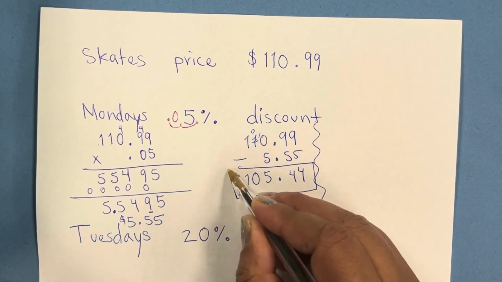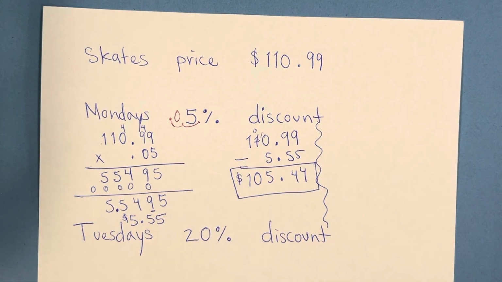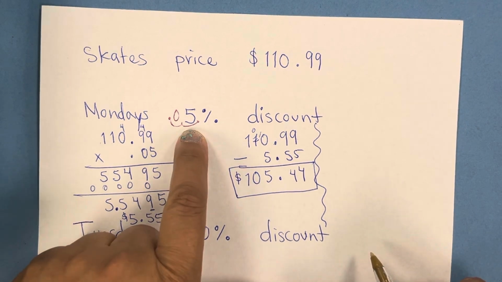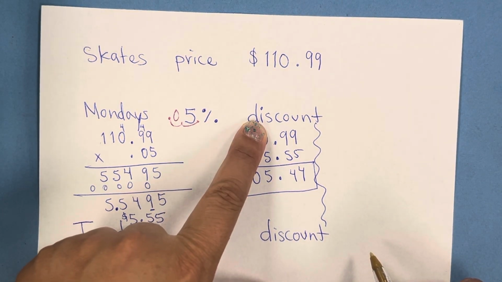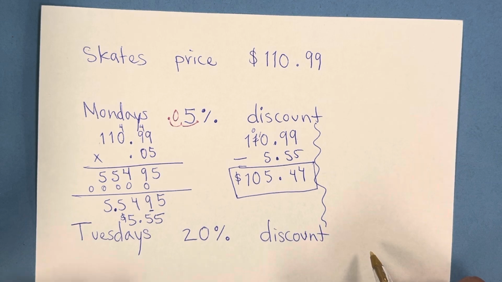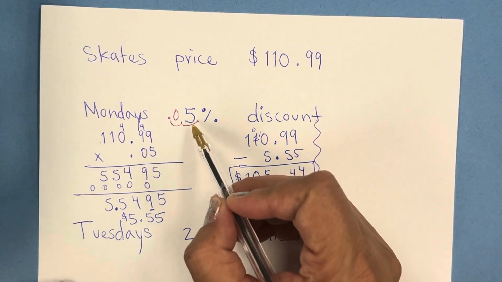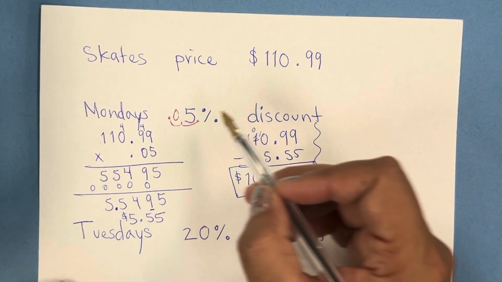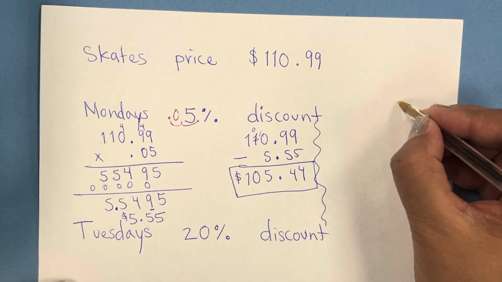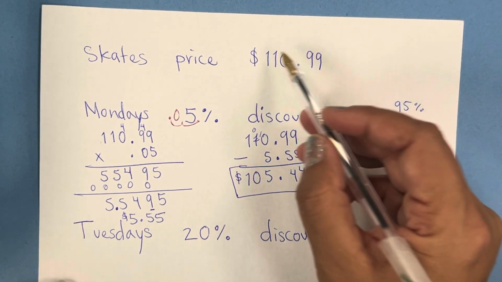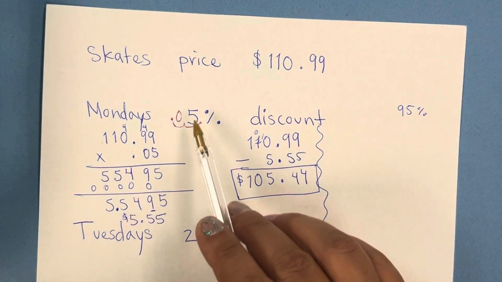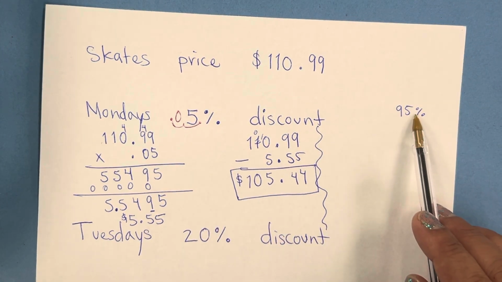Let's do it in a different way. If you have a 5% discount, how much will you pay of the total price? Instead of 5%, I'll pay 95%, right? The new price will be 95% of the original price. Because you're saving 5%, you're paying 95%.